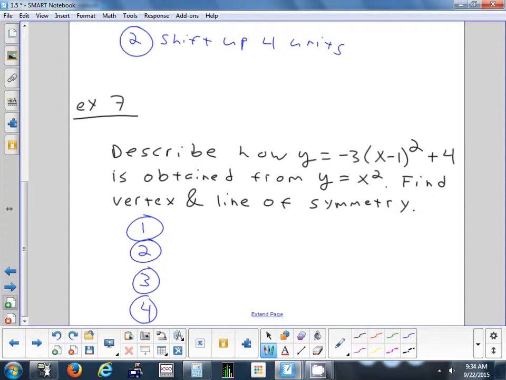So first thing we're going to do is deal with that -1. Shannon, what's that -1 inside parentheses going to do? Yep, how many units? Perfect. So look at what comes after that minus sign, or take the opposite if you think that way. What comes after the minus sign is a +1. So it's going to shift right 1 unit.